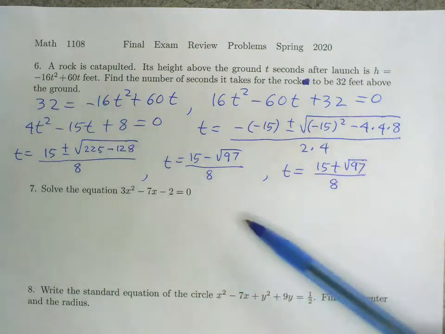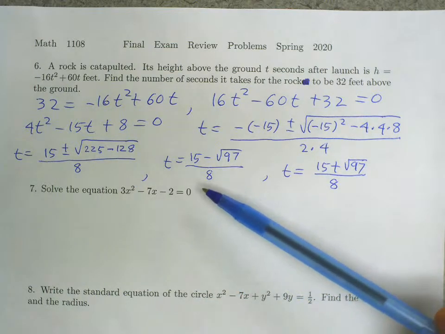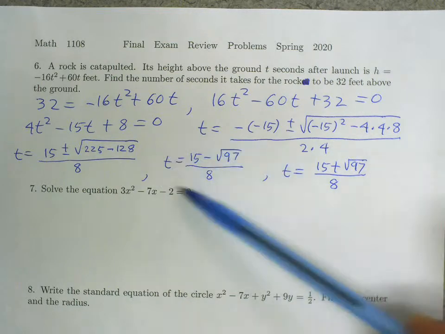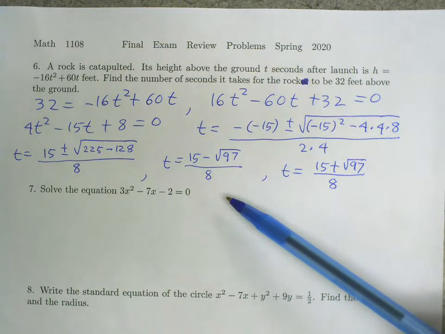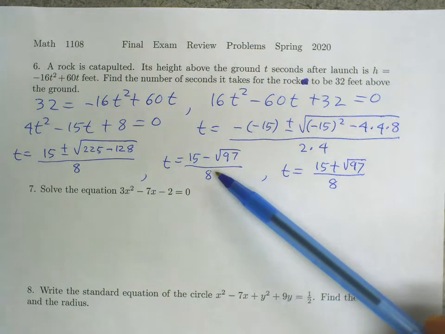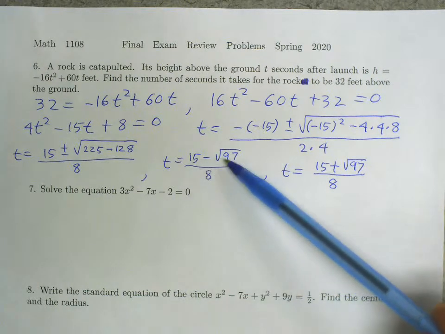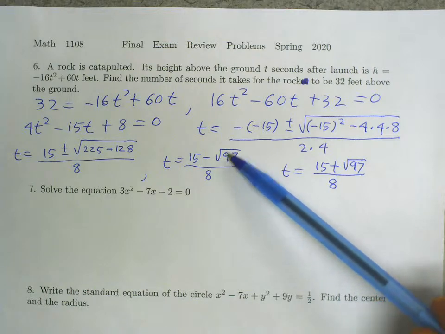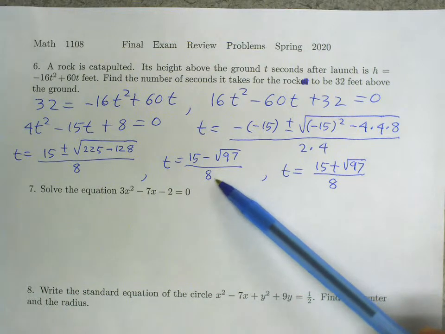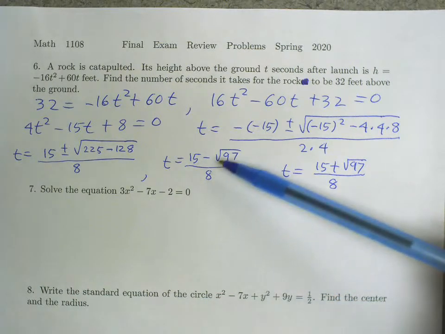After the rock is catapulted, it first reaches 32 feet after this many seconds while it's being launched upward. So this is about, well, 15 minus 10 is 5, so approximately 5/8 of a second after the rock is catapulted, its height reaches 32 feet.